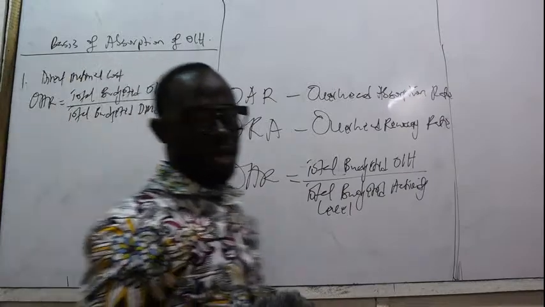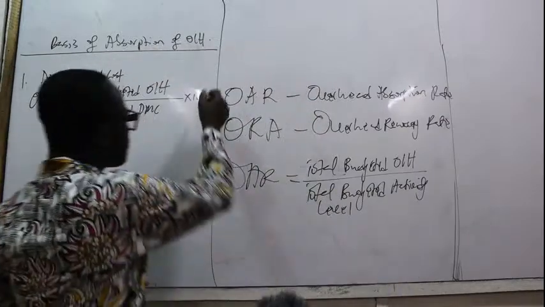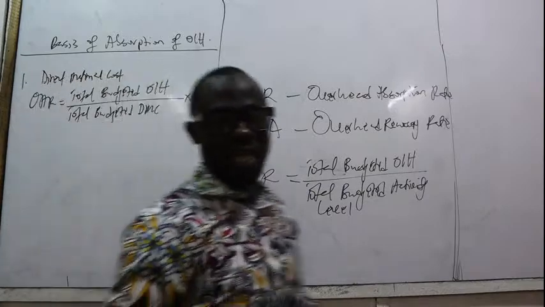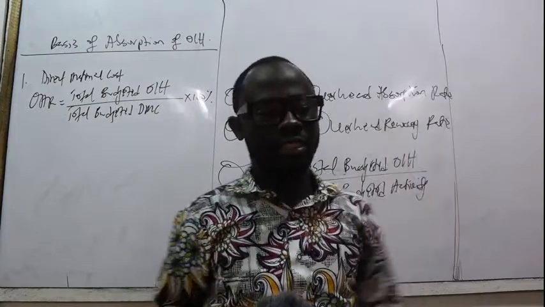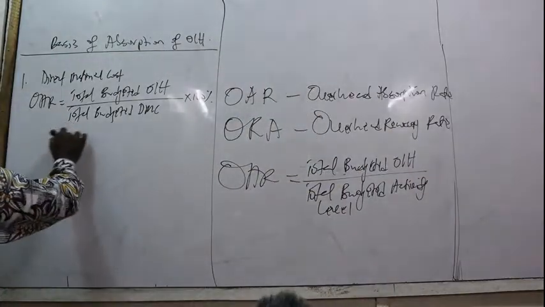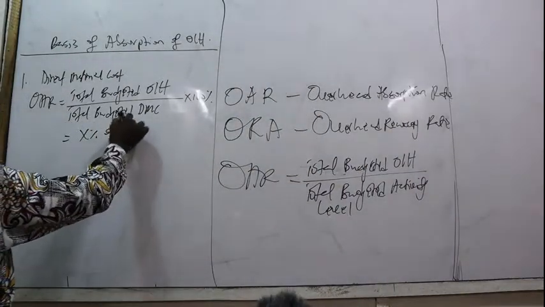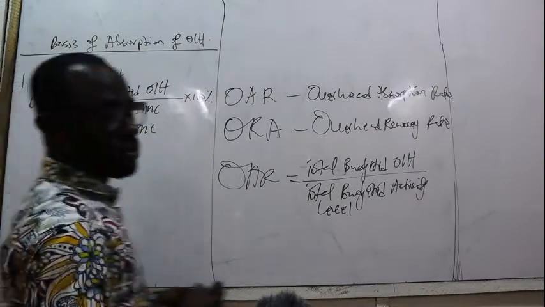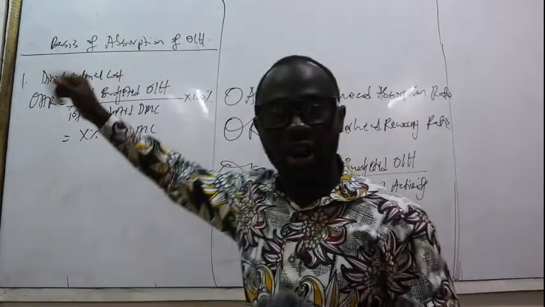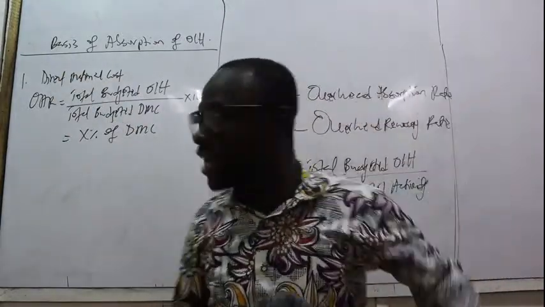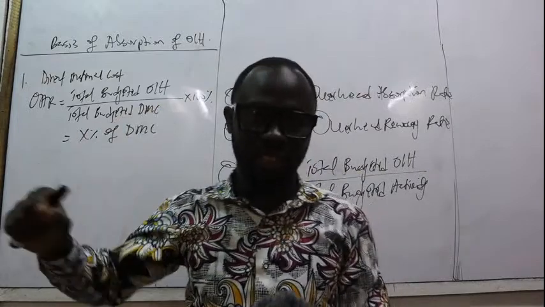Now, this is where it becomes interesting. The ones with cost items are expressed in percentages. What it means is that our answer is going to be X% of direct material cost.